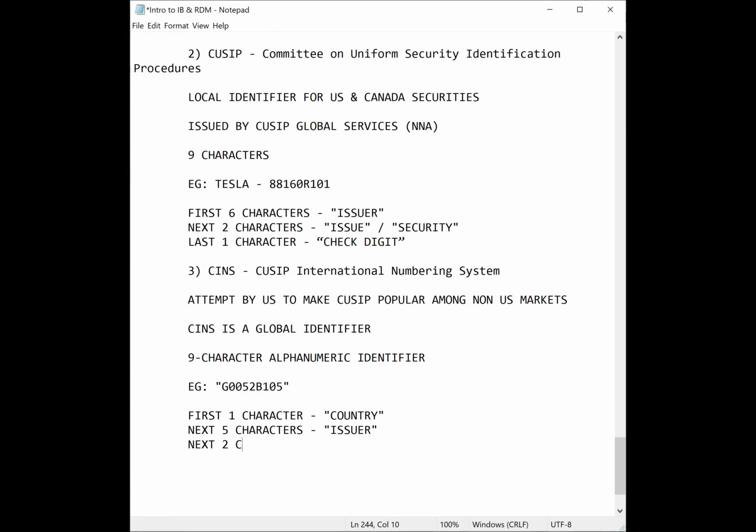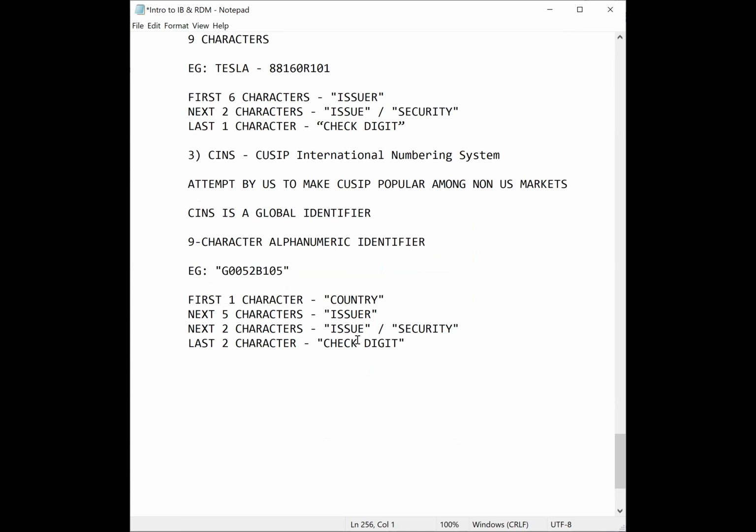The next 2 characters represent the issue or security. The last 1 character represents the check digit, just to make sure everything is correct.